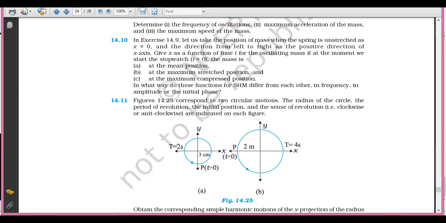Write the nature, frequency, amplitude and initial phase of these functions. Okay, this is an interesting question. Maybe we can try this. 15.10.